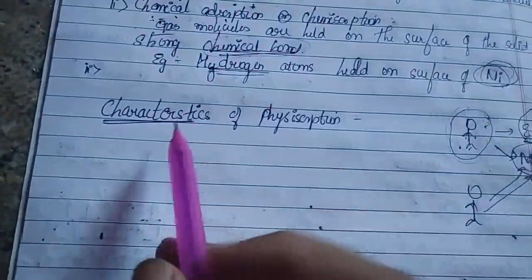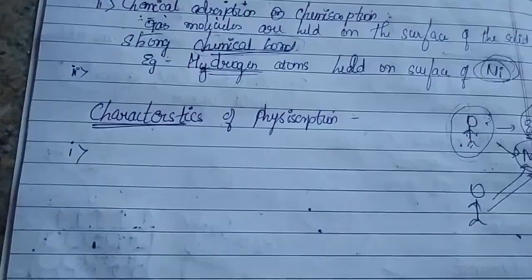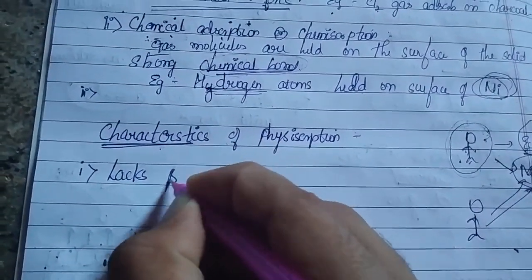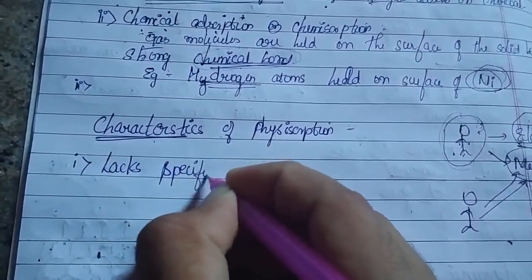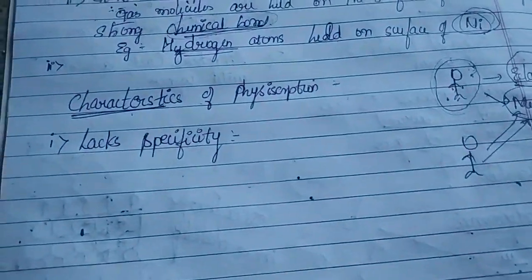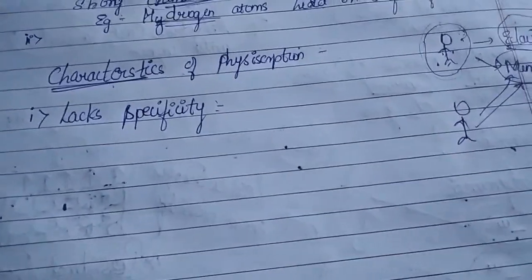Do remember, in the characteristics of physisorption, the first important thing is it lacks specificity. That means any gas or liquid molecules can get adsorbed on the surface of any solid.